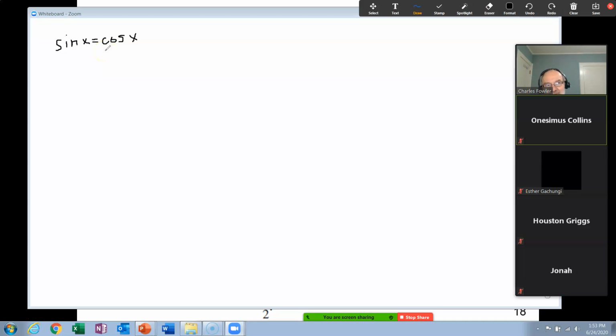This just has a little bit of a problem with it, but we can overcome that, I think. What they do is divide both sides by cosine x. Divide this by cosine x, and divide this by cosine x.